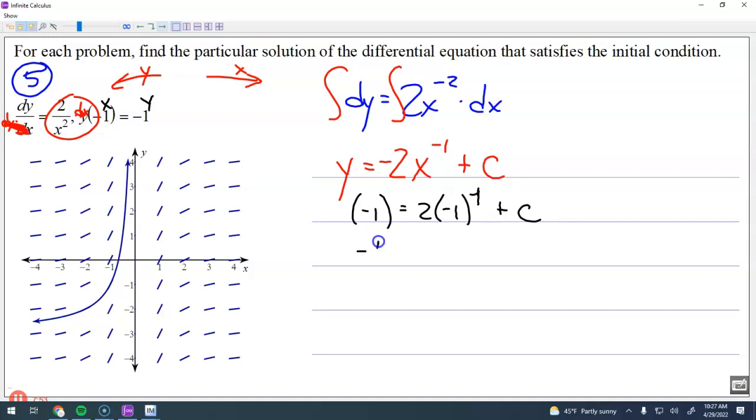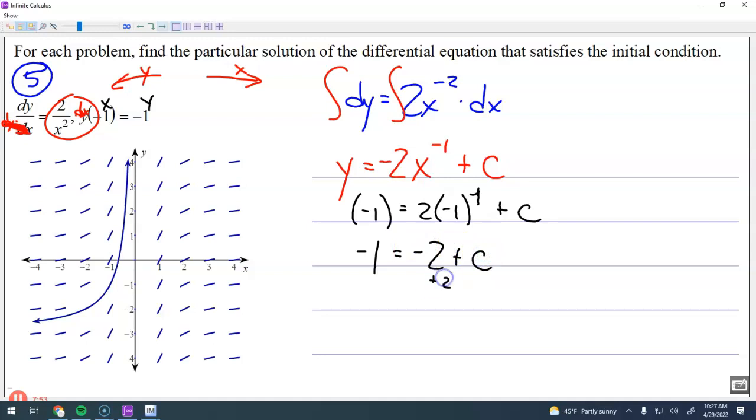So this is just negative 1. And then what does a negative exponent do? Flips it, right? So what's negative 1 to the first power? Negative 1. And then a negative exponent means I flip over that negative 1. What's negative 1 flipped over? Still negative 1. Then if I multiply it by 2, now I got negative 2.